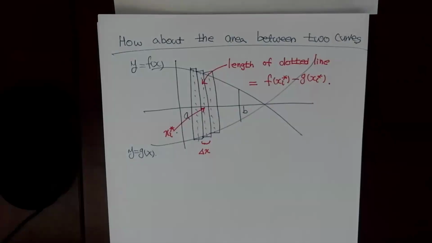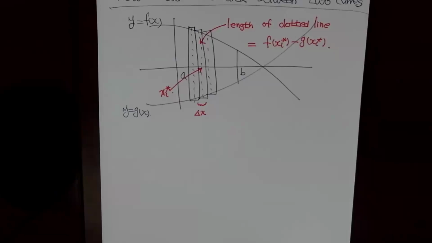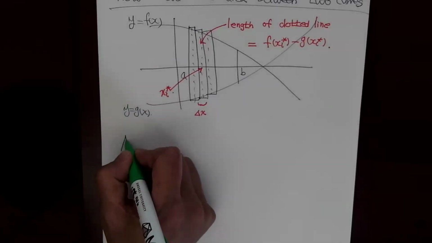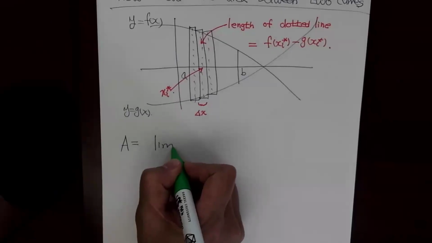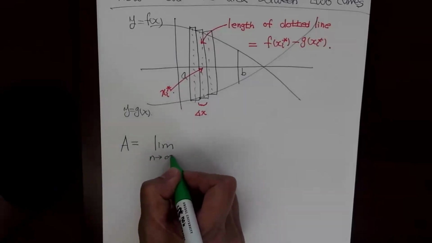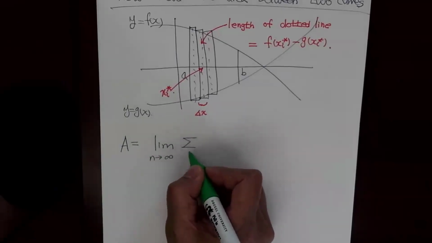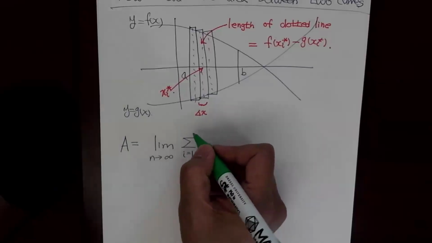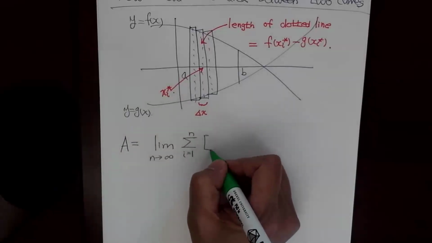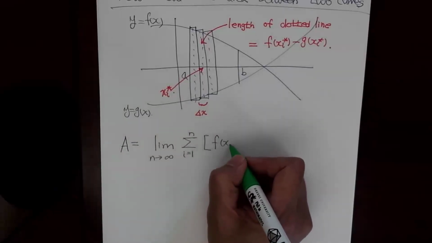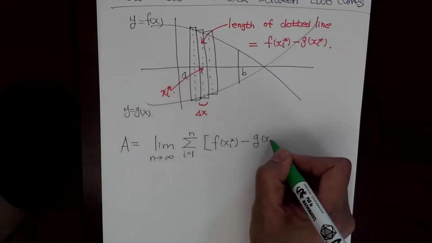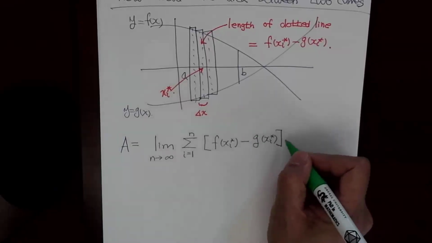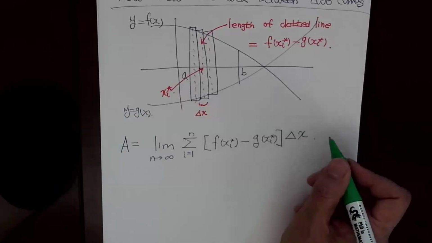Do you have any question? So area is limit n goes to infinity, summation i equals 1 to n, f of xi star minus g of xi star times delta x.